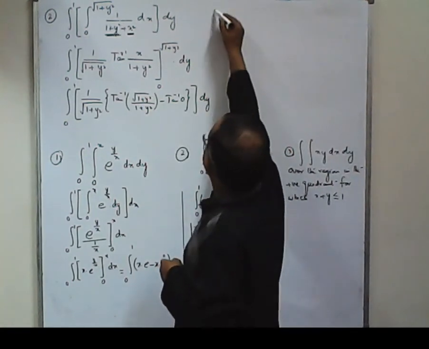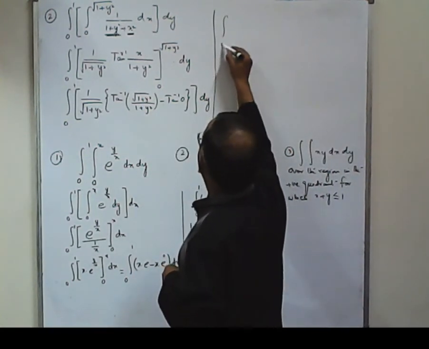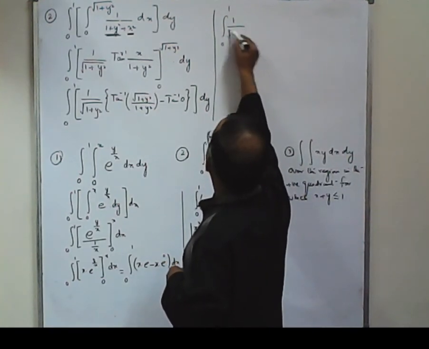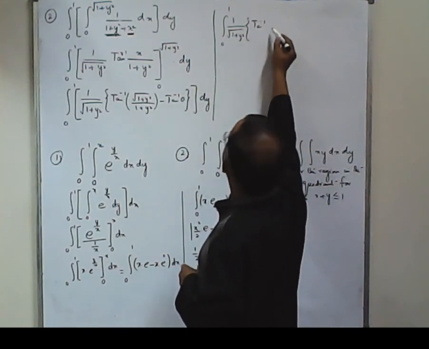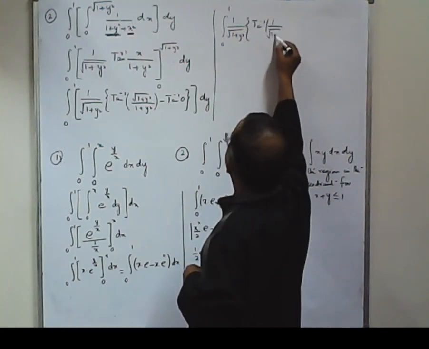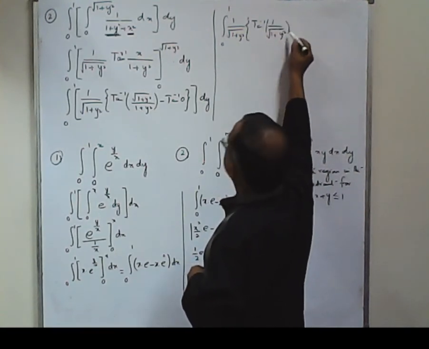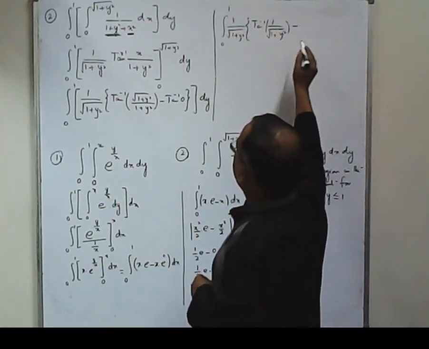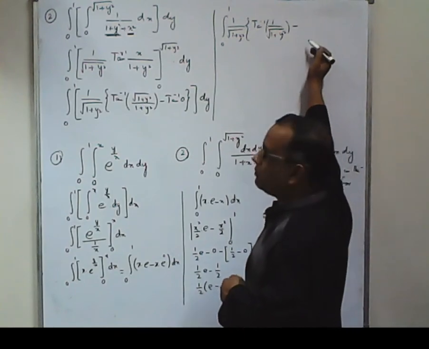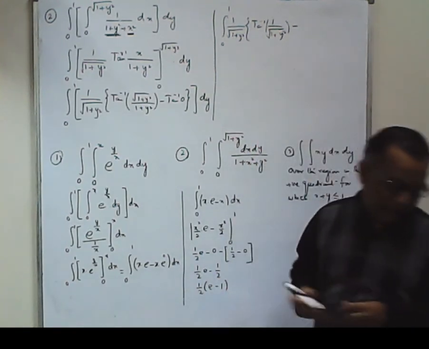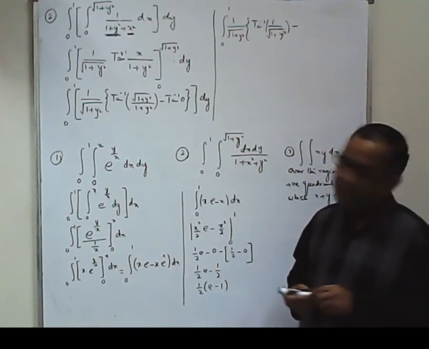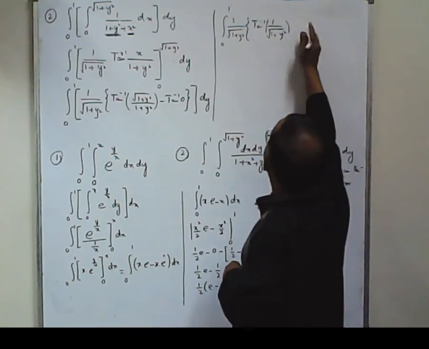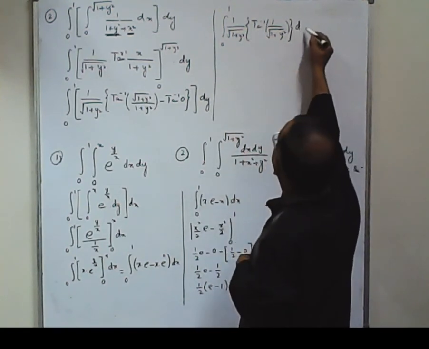So now I am writing here so you have all the steps in front of you: 0 to 1, 1 upon under root 1 plus y square, then we have tangent inverse of under root 1 plus y square upon under root 1 plus y square, and tangent inverse 0 is 0, and then we have dy.